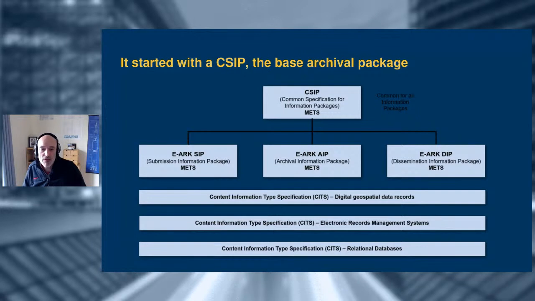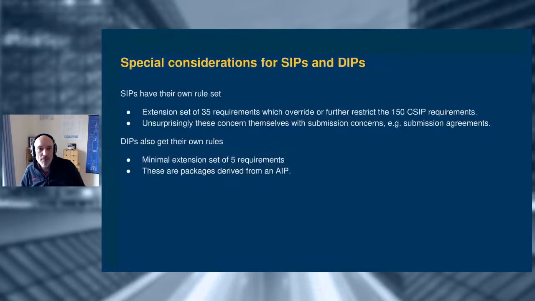And then on top of this, for fine-grained, deep interoperability, we layer on what are called CITS. These are content information type specifications, and they provide detail at a domain level. I'll say a little bit more about them in a second.